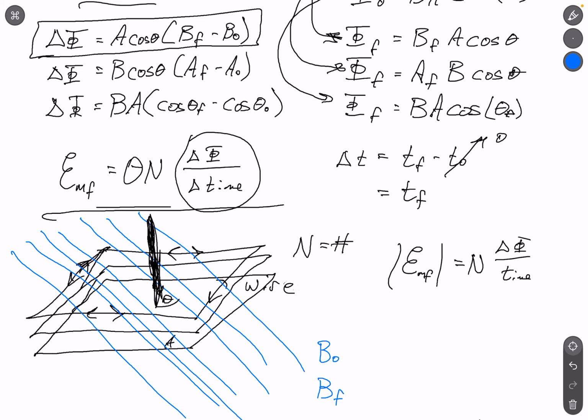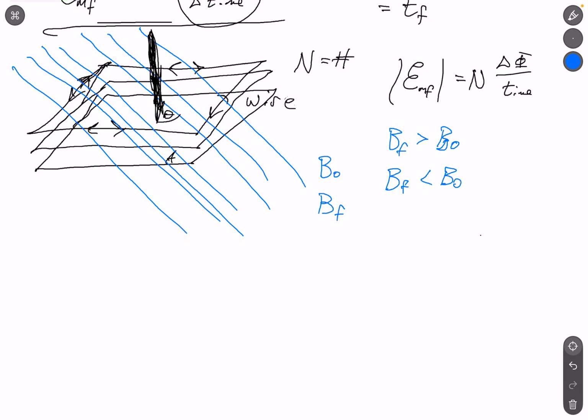Okay, if that's the B and we have a B final, we can do it two different ways. We could say that B final is greater than B initial, or B final is less than B initial. So we're gonna do this both cases, okay? Let's scroll up.